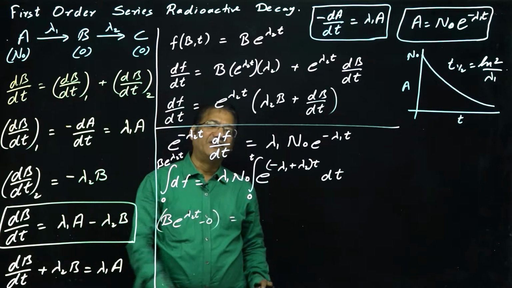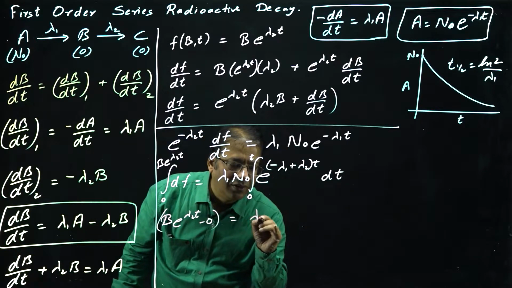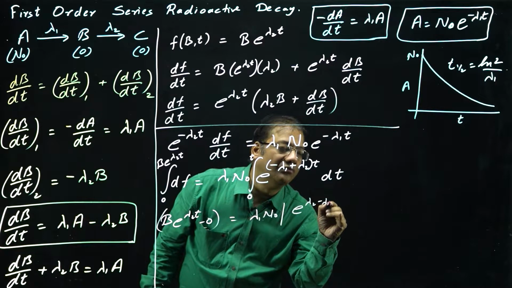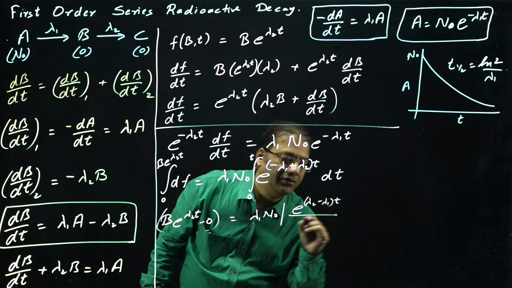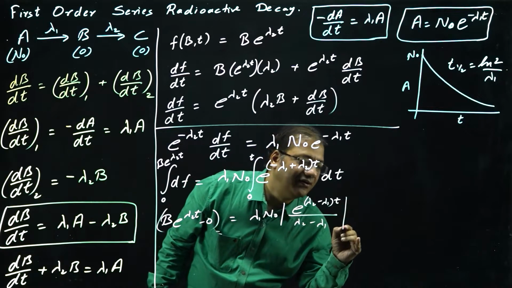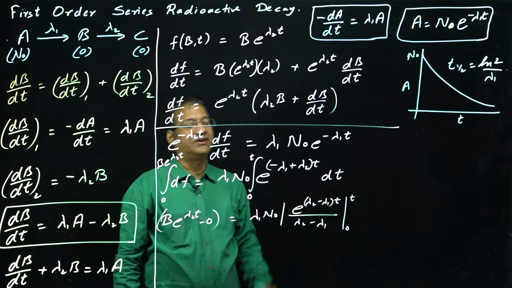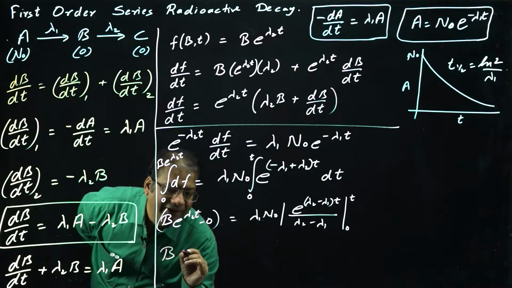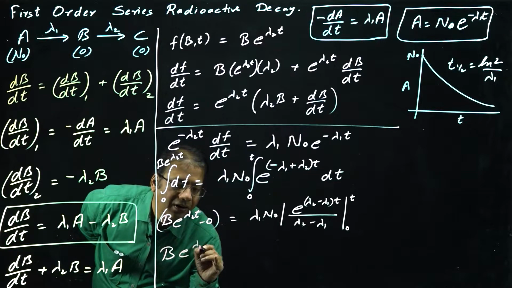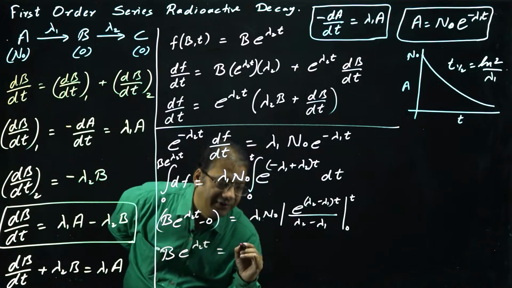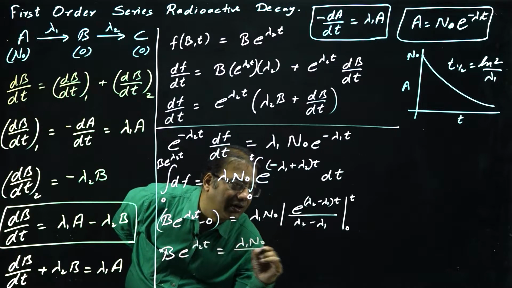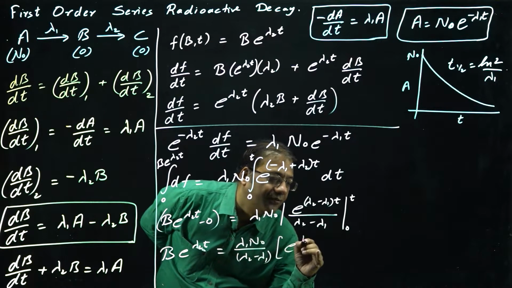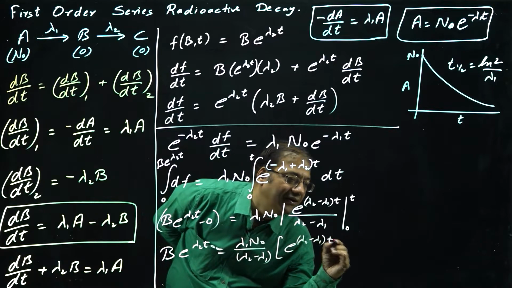Thus, integral of the right hand side is λ1 N0 e^((λ2 - λ1) t) upon (λ2 - λ1), and time goes from 0 to t. There is the integral. Now, I can rewrite b e^(λ2 t) is equal to λ1 N0 upon (λ2 - λ1) and e^((λ2 - λ1) t) minus 1.